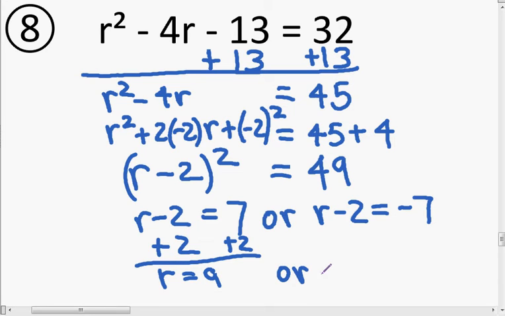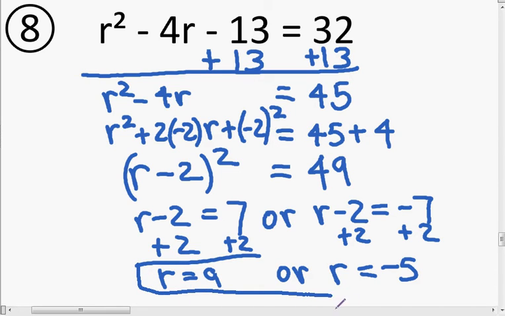Or, I have 2 options. Either r equals 9 or r equals negative 5. Either one will make this a true statement.